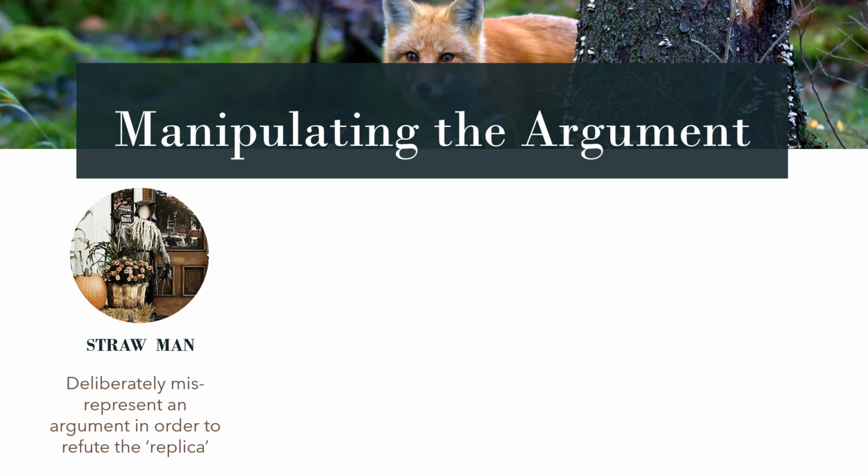So pretty much this functions when you deliberately misrepresent somebody's viewpoint in order to refute or undermine that replica that you created. So you sort of deliberately misunderstand the point that somebody is making, and then you argue why that representation is false.